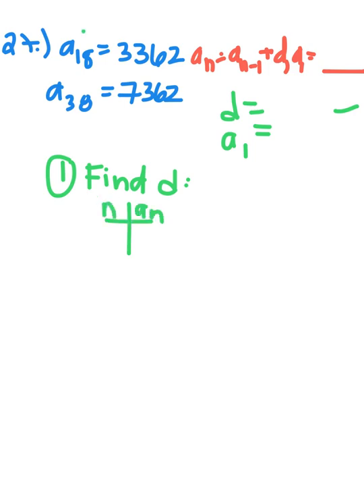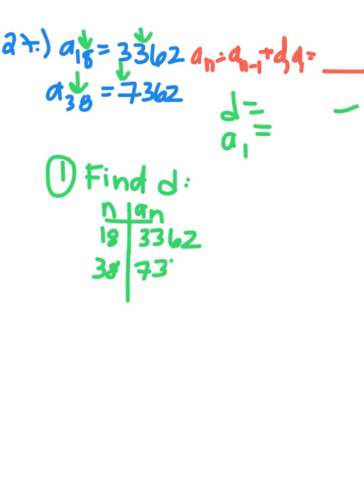So n is 18, when a sub n is 3,362. And then n is 38, when a sub n is 7,362.